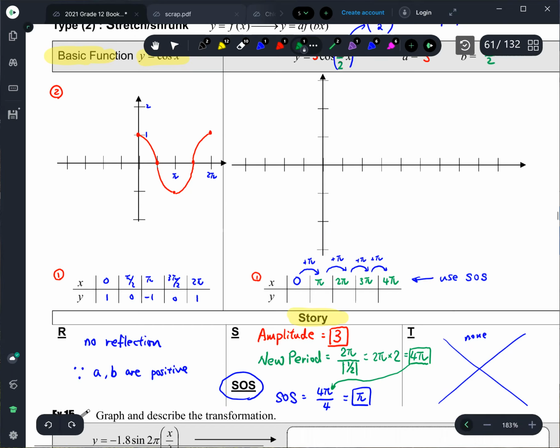Eric? Jocelyn, Nick, Philip, Susan, any questions? How to get the X values? Okay, this one has no reflection, so you don't need to worry about switching either way, upside down, left and right.